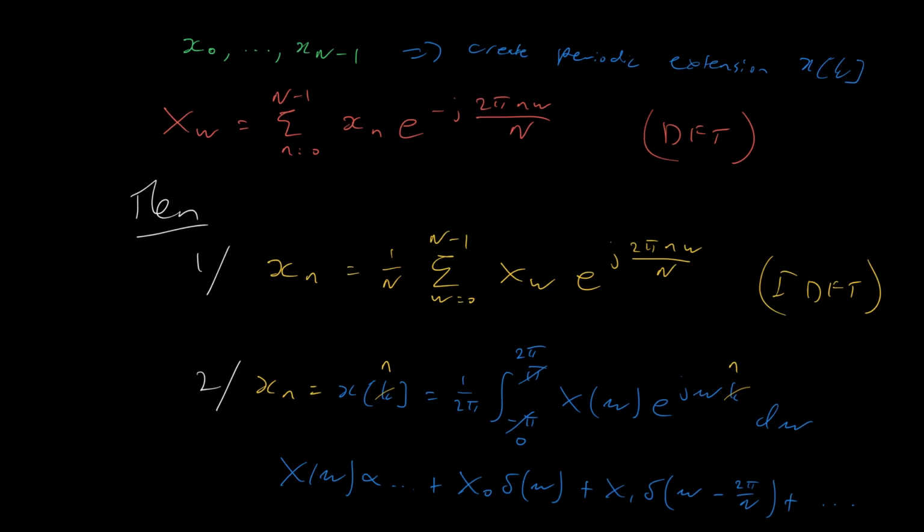The only difference is that the discrete time Fourier transform gives us these Dirac delta functions, but we want to throw away the Dirac delta functions and just keep the magnitudes out the front. This is precisely what the discrete Fourier transform is doing for us.